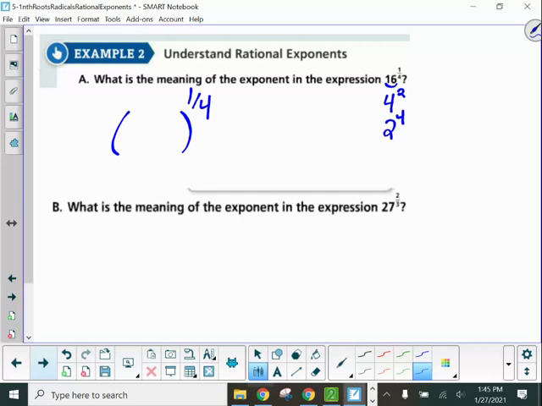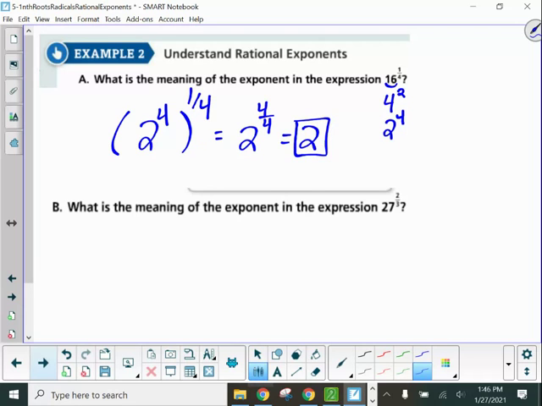So I can rewrite the 16 as 2 to the 4th power. One of your rules of exponents when you have a power to a power is you multiply exponents. So this is the same thing as 2 to the 4 over 4 power, because 4 times a fourth is 4 over 4. 4 over 4 reduces to 1, so this is really just 2 to the first power, which is 2.